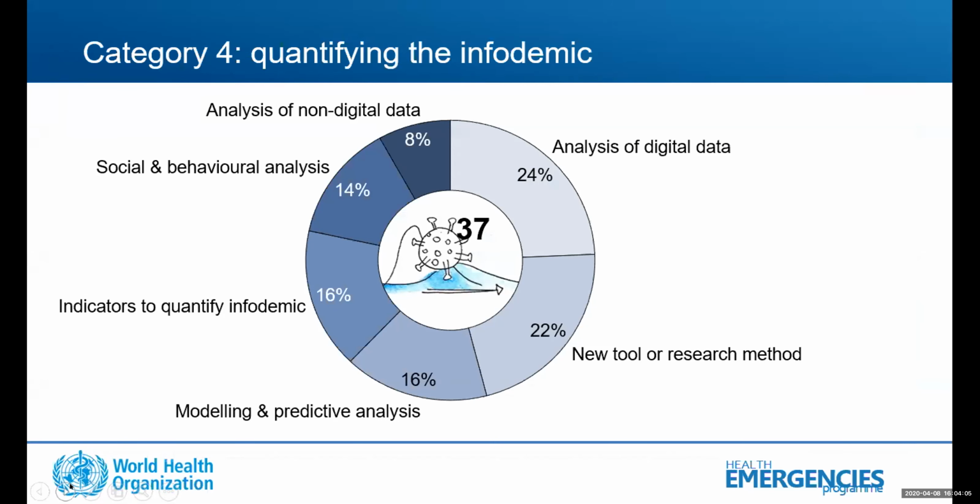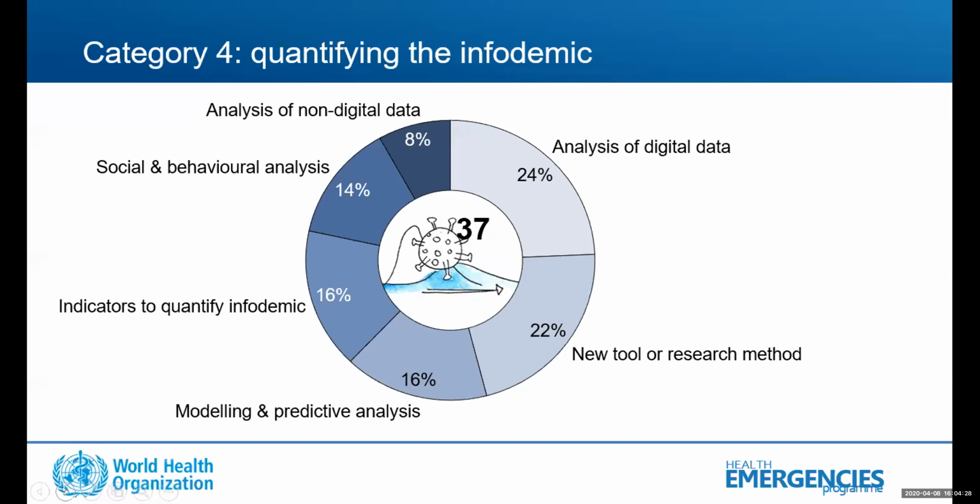Thank you. So then zooming into the fourth category, which is more on quantifying the infodemic, where we saw a lot of inputs more on the research spectrum. So how to analyze non-digital and digital data, with also a little bit of some inputs that specifically focus on non-digital data.